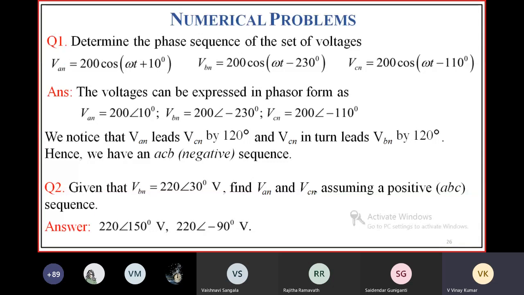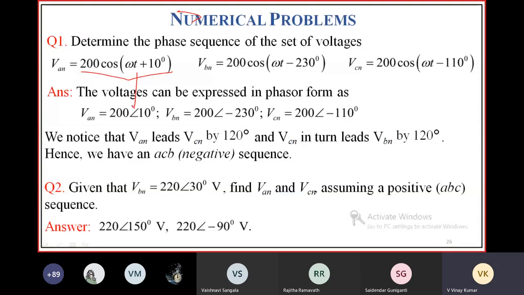Determine the phase sequence of the set of voltages. VAN is given as 200 cos of omega t plus 10 degrees. VBN is 200 cos of omega t minus 230 degrees. VCN is 200 cos of omega t minus 110 degrees. So what is the phase sequence?